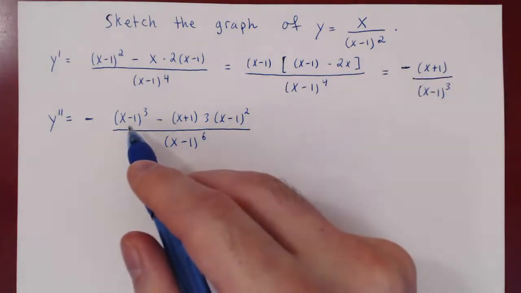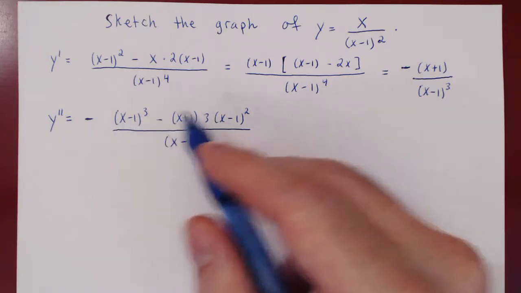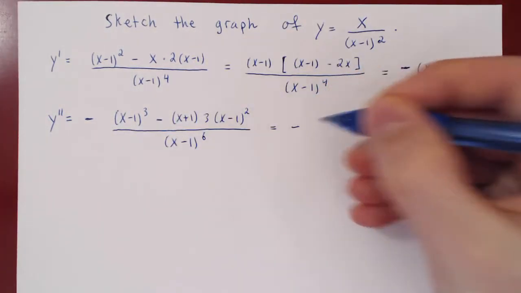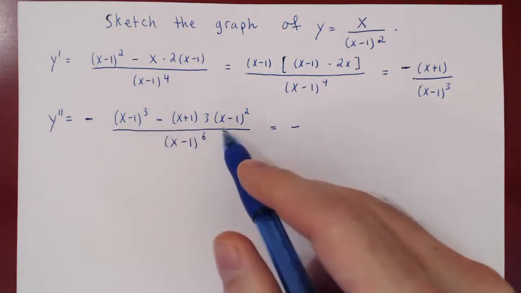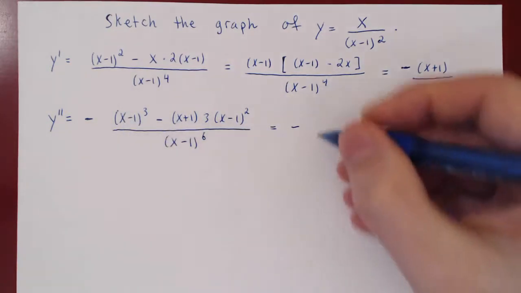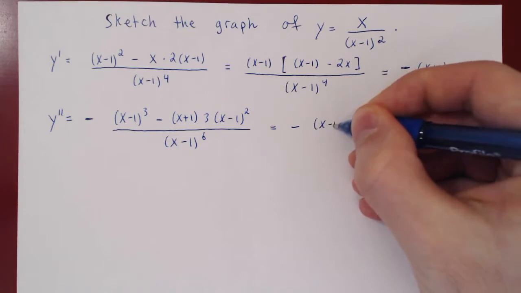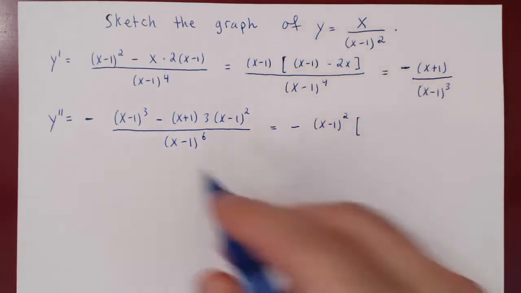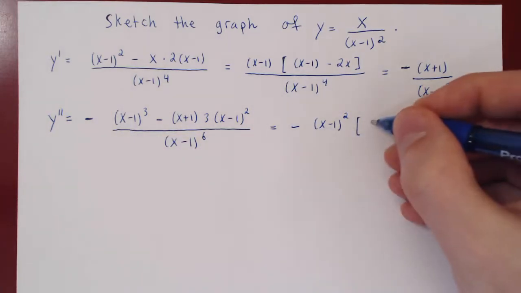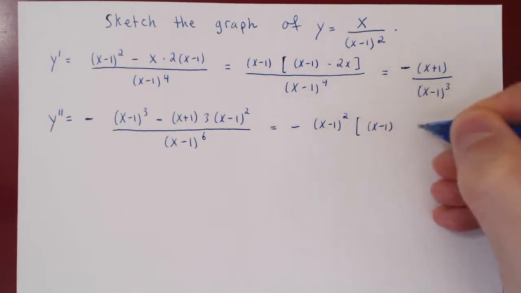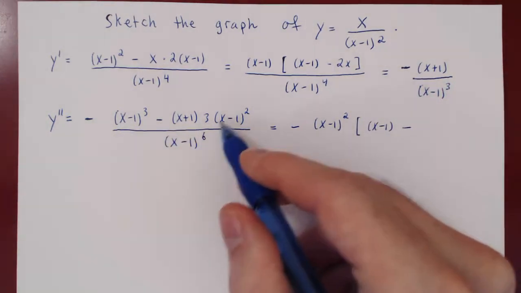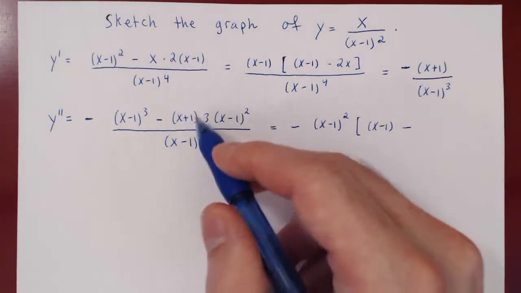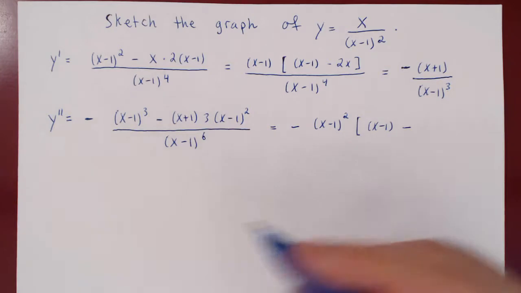As always, we now look for a common factor between our two terms. The negative stays up front. We can factor an (x minus 1) squared. And we'll be left here with a single (x minus 1), minus, we factor the (x minus 1) squared, and so we're left with minus 3 times (x plus 1).